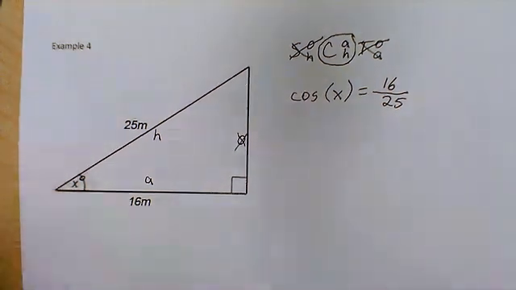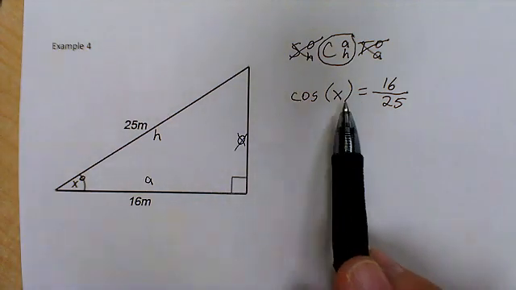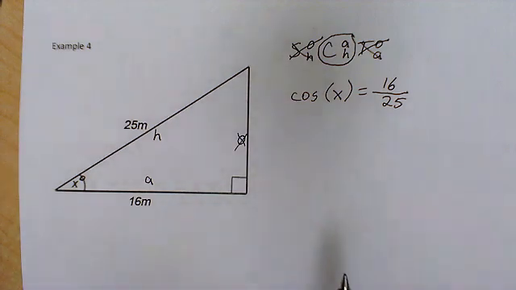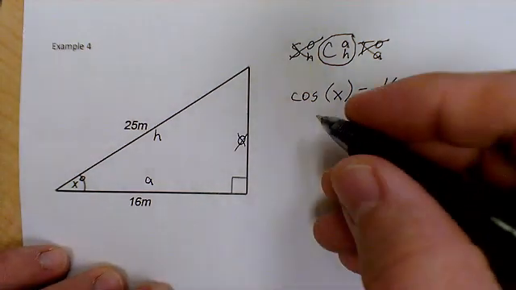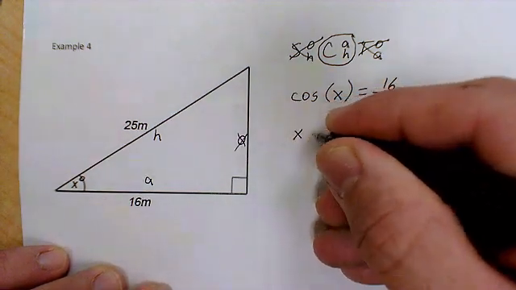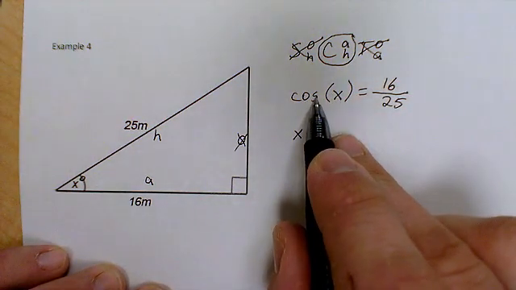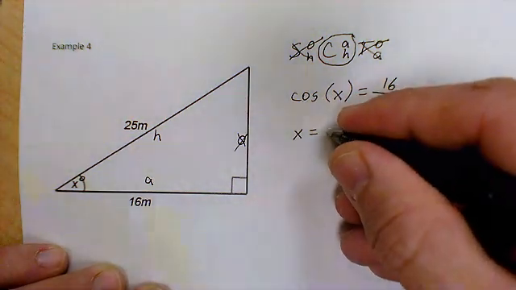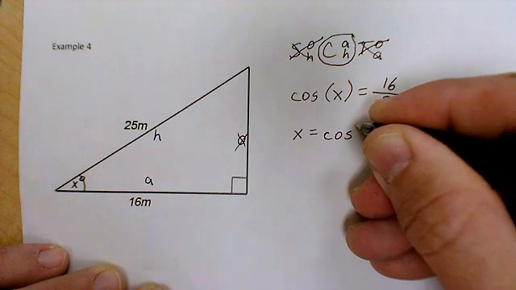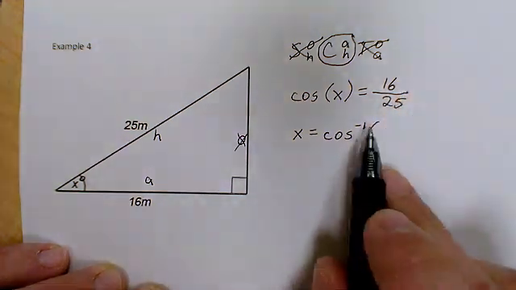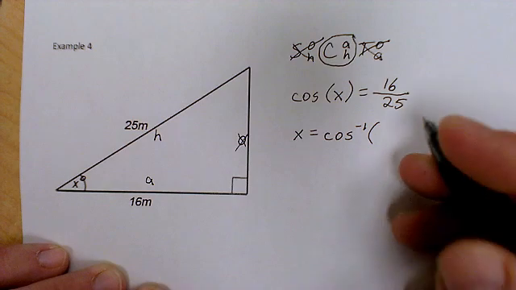There we go. Now what I need to do is go ahead and solve for x. Now, since x is in the cosine function, I'm going to invert that function. So if you'll remember, this is where we had to get x by itself by doing cosine inverse on the other side. That's with the -1 exponent, of 16 over 25.